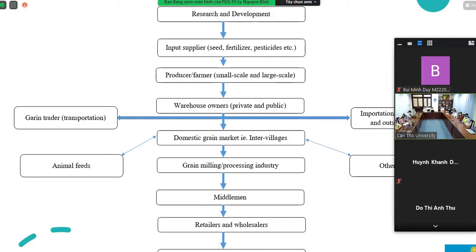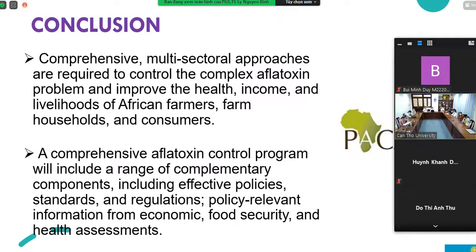So as a conclusion, a comprehensive multi-sectoral approach is required to control the complex aflatoxin problem and improve the health, income, and livelihoods of Africans, including Rwandan farmers, farm households, and consumers.